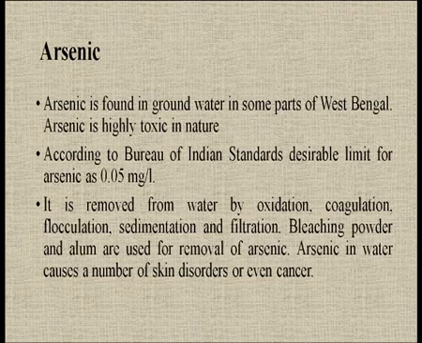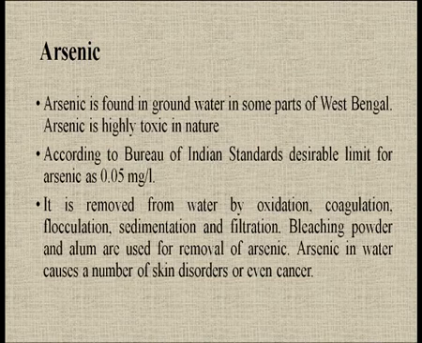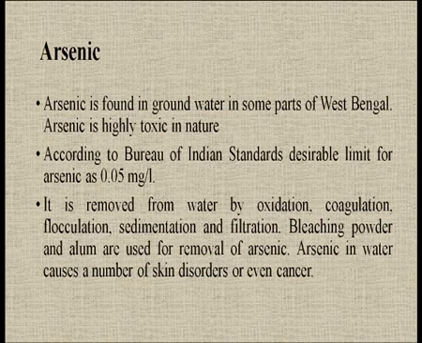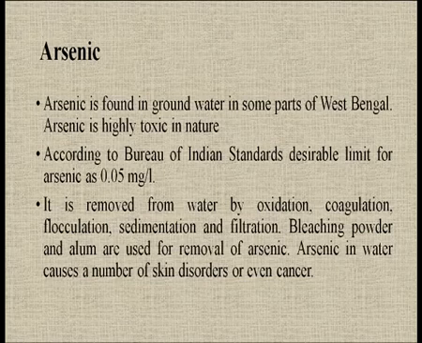The limit for arsenic is 0.05 mg per liter. It is removed from water by oxidation, coagulation, flocculation, sedimentation, and filtration. Bleaching powder and alum are used for its removal. Arsenic in water causes a number of skin disorders and even cancer.